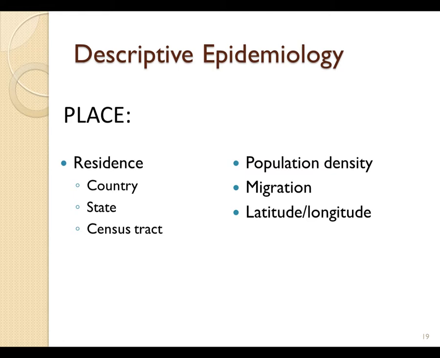So do rates of disease differ by geographic location? Is there a difference between urban and rural areas? When populations move to a new location, do their rates of disease change? For example, in Japan, there's a low rate of colon cancer. However, within one generation of moving to the United States, the Japanese rate of colon cancer is the same as whites within the U.S.